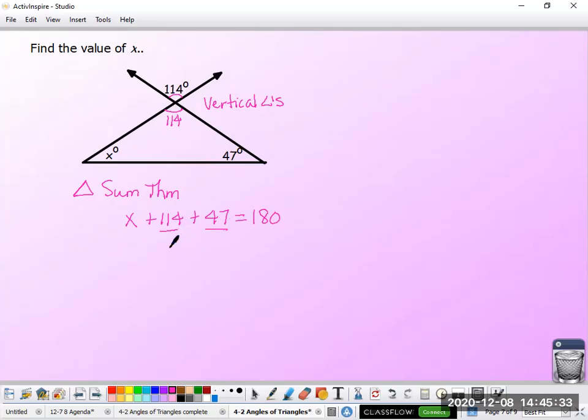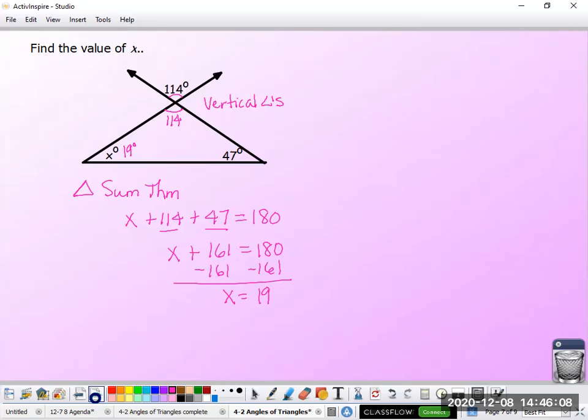Combine the like terms. x plus 161 equals 180. Subtract the 161, and x equals 19. So 19 degrees here. Now again, let me say, all pictures are not drawn to scale.